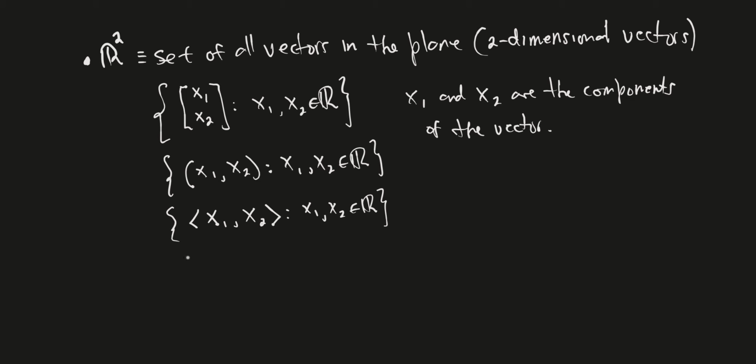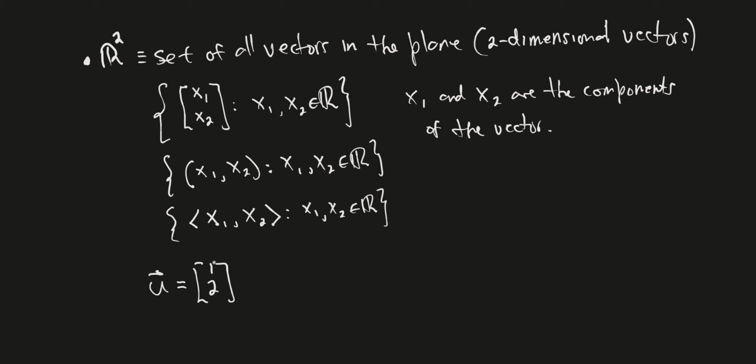Since I can't write in bold, I'm going to use the little harpoon on top to indicate a vector. So we usually use u, v, w, or u1, u2, and so forth. Let's say I'm going to use the column notation. So this is the vector u.